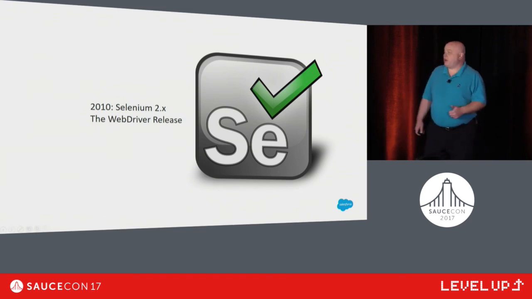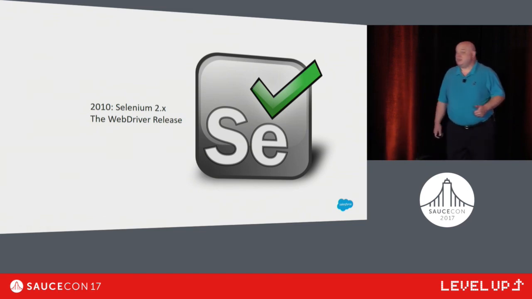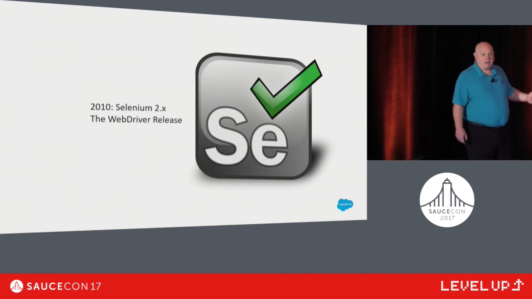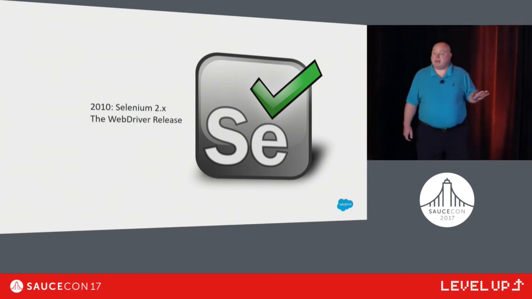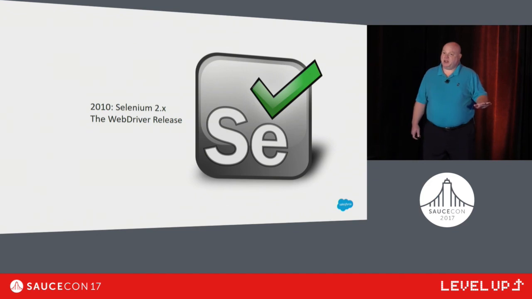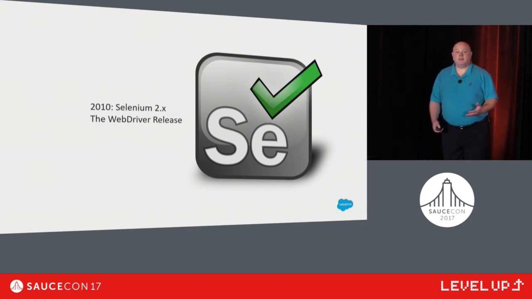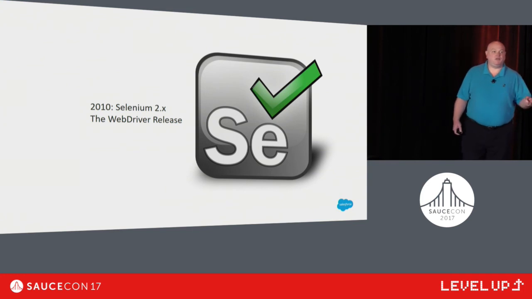And nearly every programming language on the planet has a JSON parser library. So what that means is that it makes it very, very easy to write a WebDriver language binding in just about any language you would care about, because it's based on these two very common technologies.